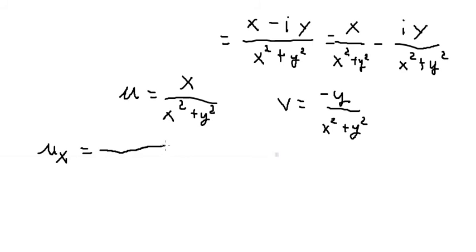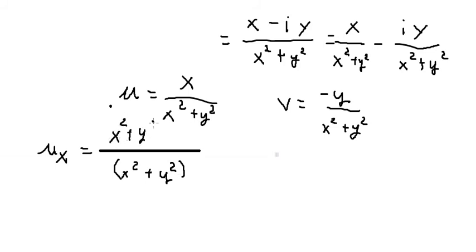You will get x squared plus y squared minus 2x squared, so we got negative x squared plus y squared, over the denominator with power 2.